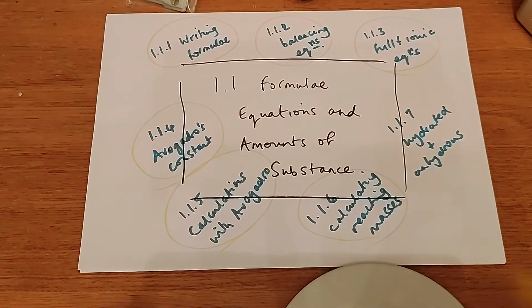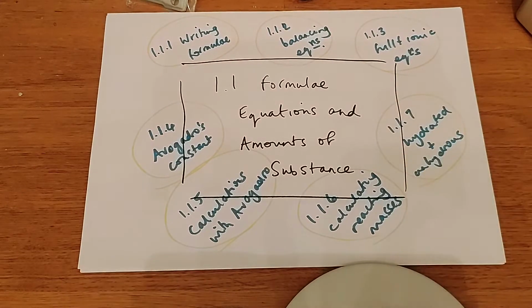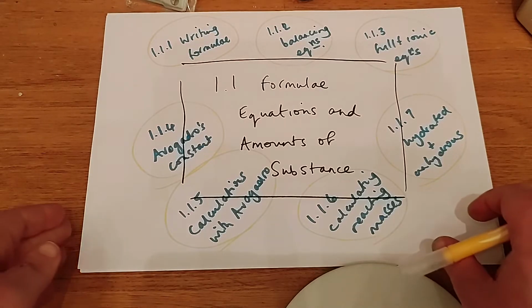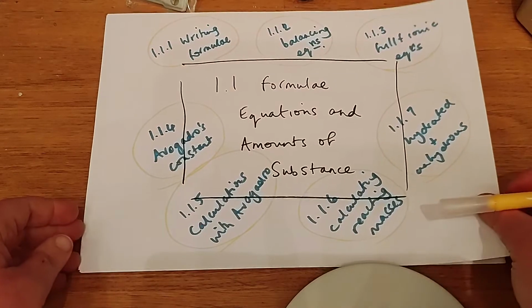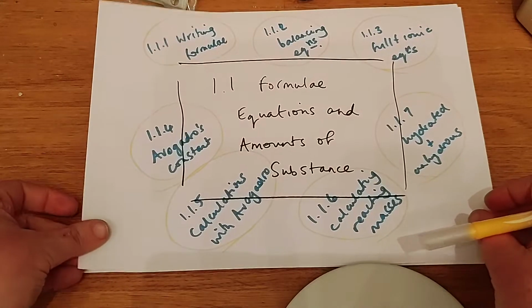And finally, it was about hydrated and anhydrous substances. So knowing and understanding the terms anhydrous, hydrated, water of crystallisation, and also being able to calculate the moles of water of crystallisation present from percentage composition, mass composition, or from experimental data. So that's everything we're going to look at today.